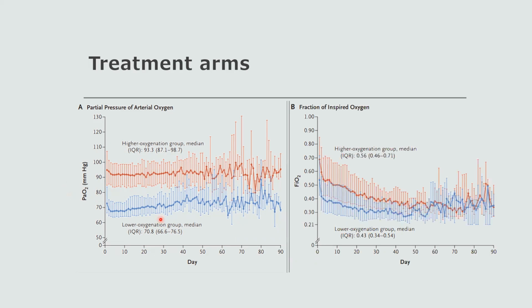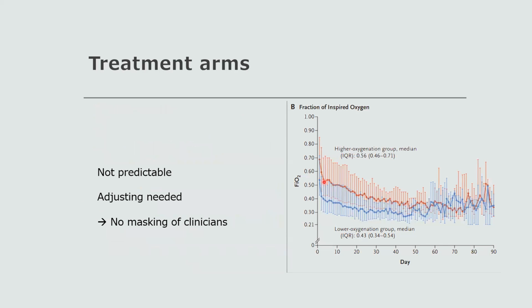And they are giving us the data of the inspired fraction of oxygen, so how much oxygen is going inside the patient. And here you see that there's quite an overlap. So you can't say that with a fraction of 50%, I will achieve the lower or the higher target. And that's the reason it's not predictable. They had to adjust it. And that's the reason the treating team couldn't be masked.